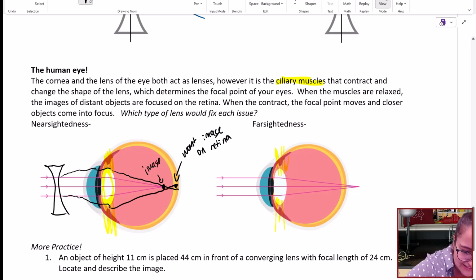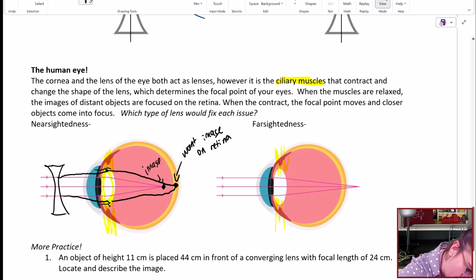If we add that diverging lens, it would allow these rays to refract a bit before they hit the eye, which would spread them out and allow them to be better focused on that retina.